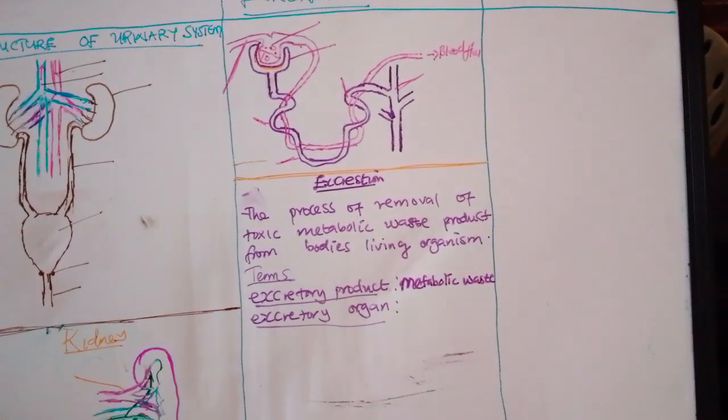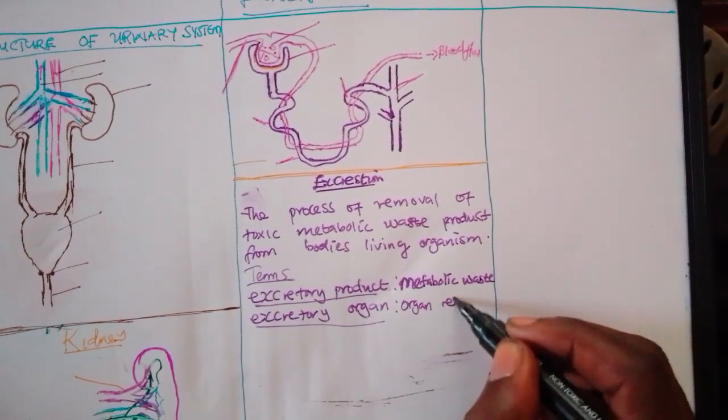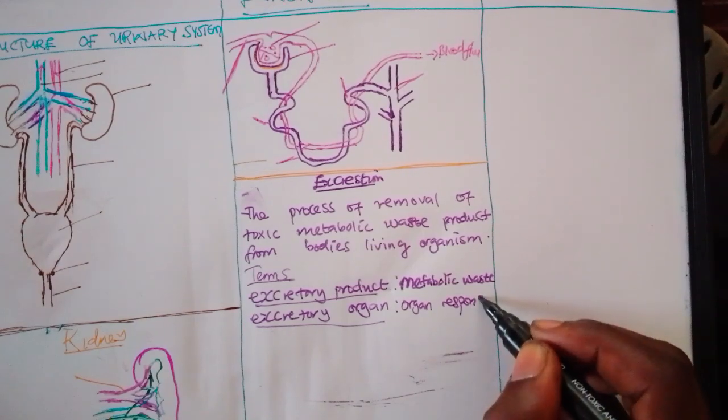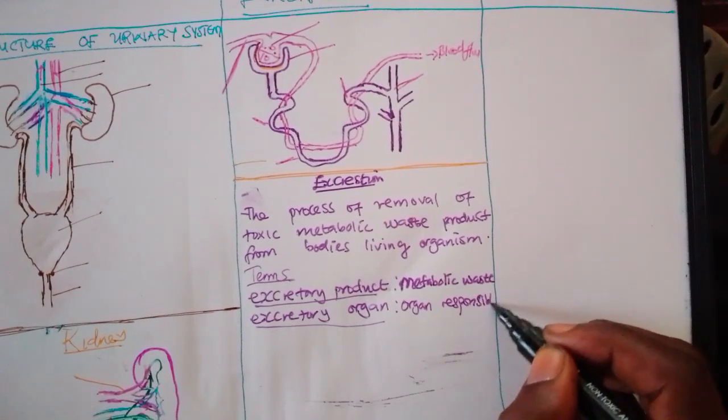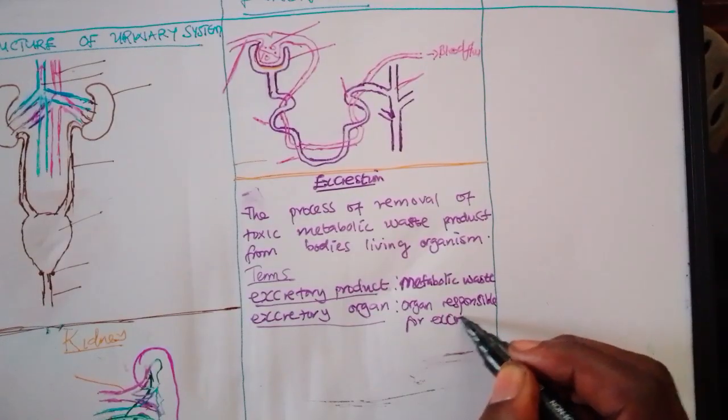Then when we talk about an excretory organ, of course, by the name organ itself, it tells you that this is the organ responsible for excreting out the metabolic waste. So this is the organ responsible for excretion.